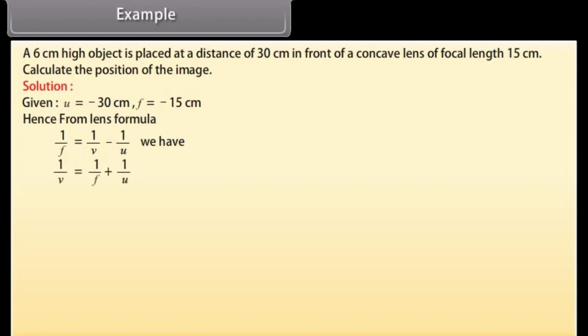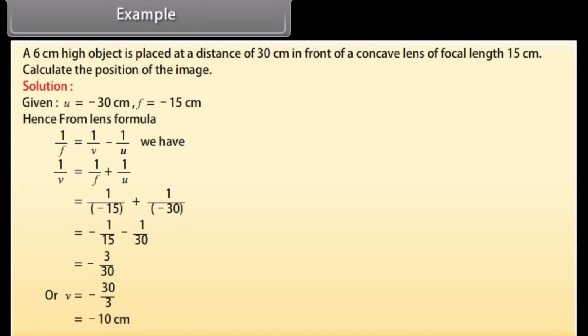We have 1/v = 1/f + 1/u = 1/(-15) + 1/(-30) = -1/15 - 1/30 = -3/30, or v = -30/3 = -10 cm. That is, the image will be formed on the side of the object at a distance of 10 cm from the lens.